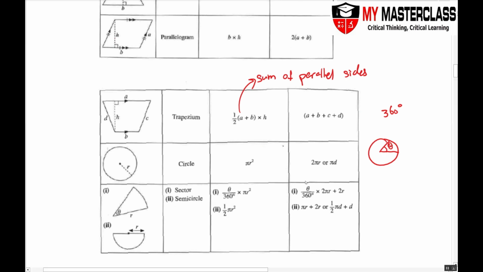If I want to find the area, essentially I'm finding a chunk of the circle itself. So your formula is theta, which is the angle value here, over 360, which is the entire angle of a circle, times pi r square. This pi r square is the area of your circle itself.